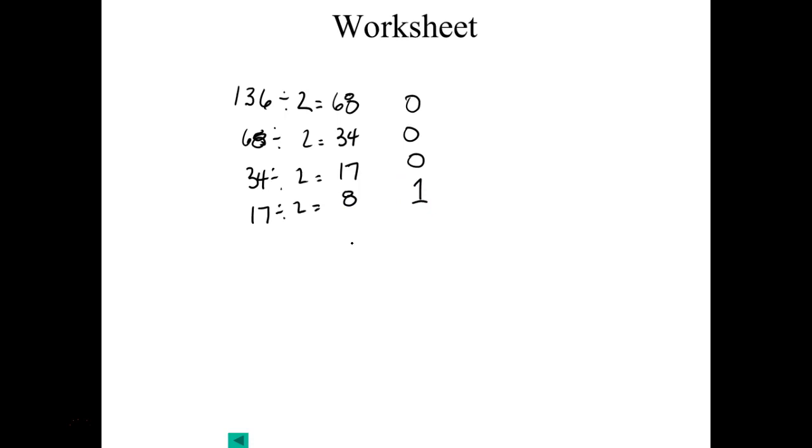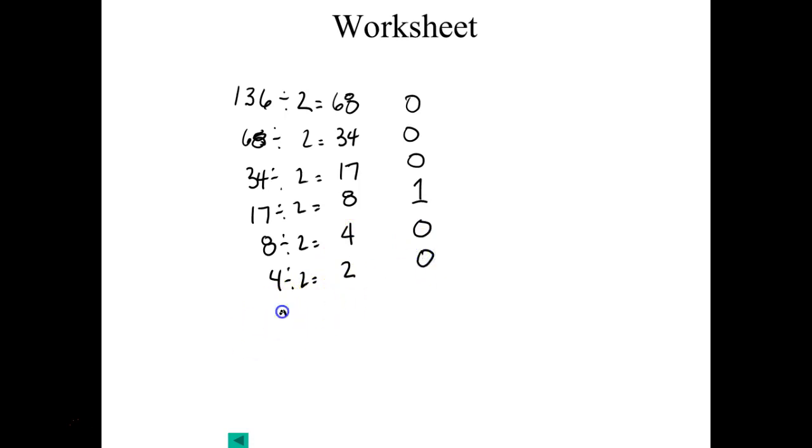Then we need to get it to the whole number remainder, right? And this is going to be 8 divided by 2, which is going to be what? 4 with a remainder of what? 0. Then we're going to take 4 divided by 2. This is going to be what? 2 with a remainder of what? 0.